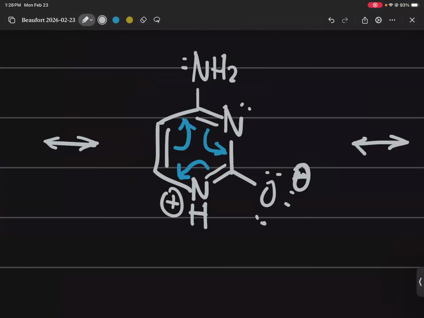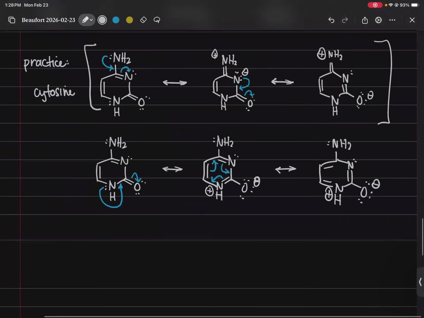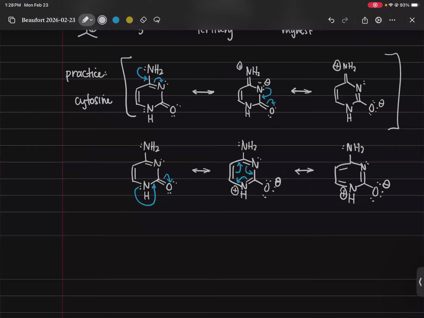But this is that three arrows all going clockwise or counterclockwise thing. And it's okay that we have nitrogen atoms in the ring. We could have really any sort of atom. But we've got these alternating double and single bonds in a ring. And so we can draw a resonance structure like that.